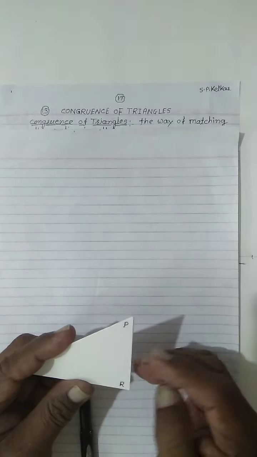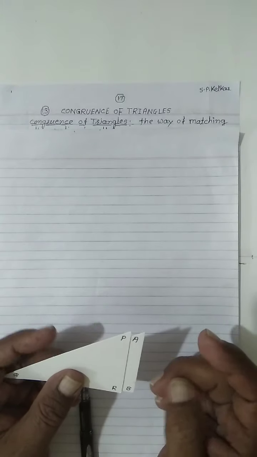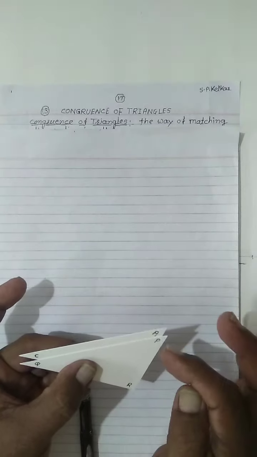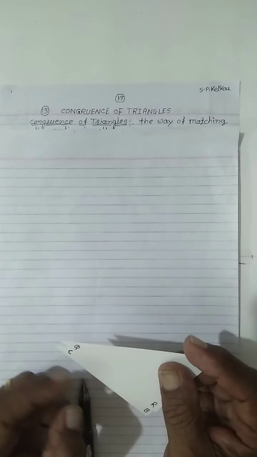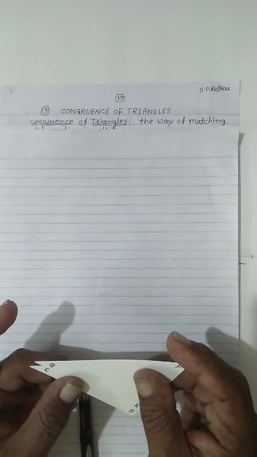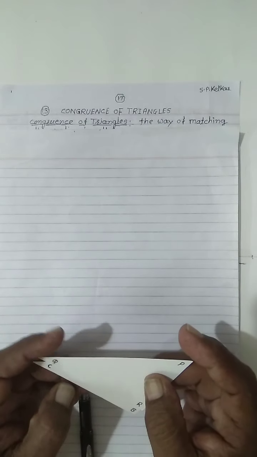Similarly, the sides PR and AB are congruent, then the sides AC and PQ are congruent. Then the sides CB and QR have equal length, so these two sides are congruent.